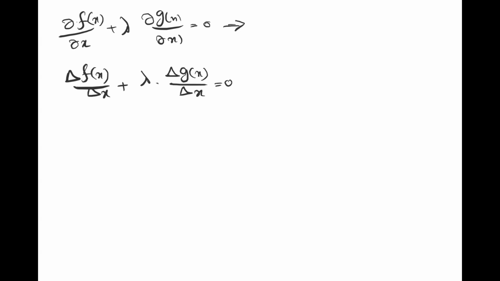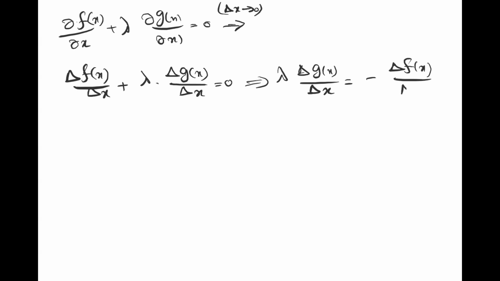This is for the case where delta x is a very small value. So in this scenario, let's see what the value of lambda is. We have lambda delta g of x divided by delta x is minus delta f of x by delta x. So the delta x's cancel each other. Then lambda is minus delta f of x divided by delta g of x.